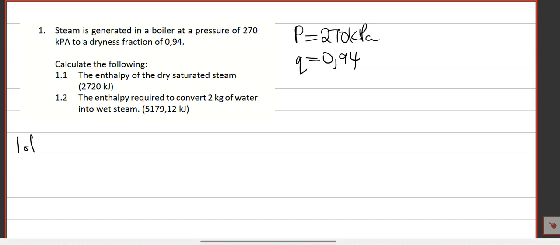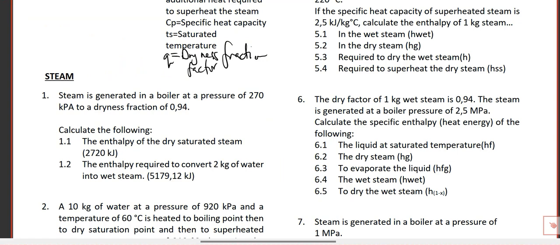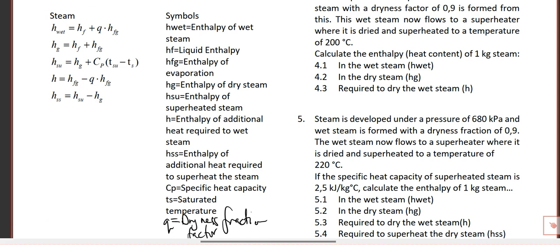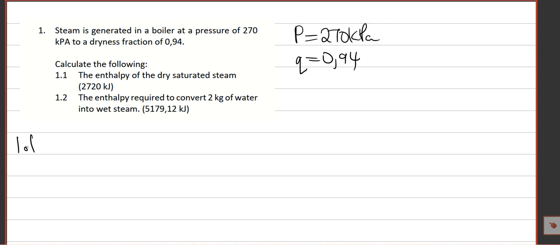You check on your formulas there. Dry saturated steam, we know it as Hg. Enthalpy of dry steam is this one. So you have the option of either going through this whole formula or getting your Hg value. Remember, they gave us a pressure of 270 kilopascal.